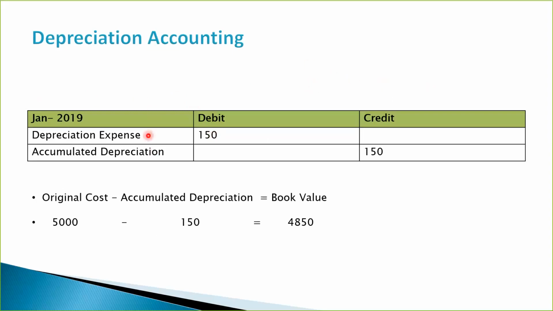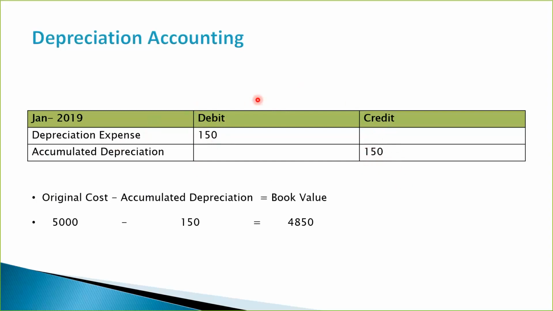A debit to the depreciation expense account, which is an expense account whose natural balance is a debit balance. So we debit this and we credit the same amount to the accumulated depreciation account. We'll do this for January when we run our depreciation.